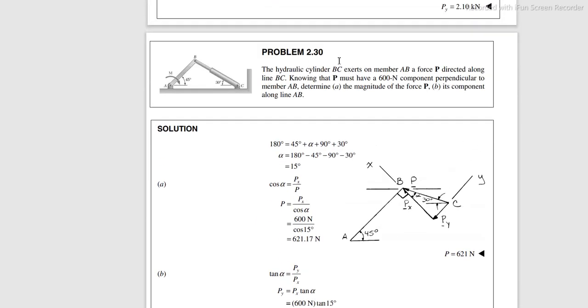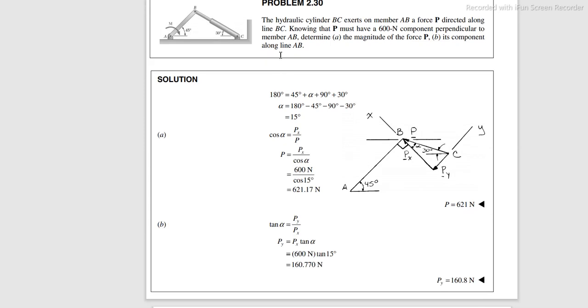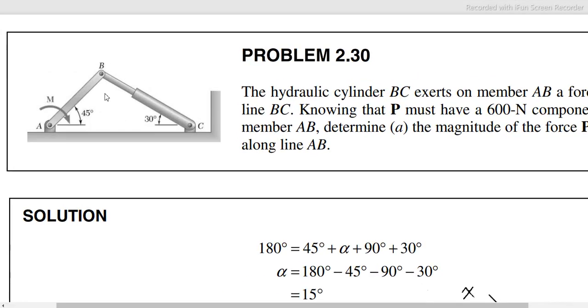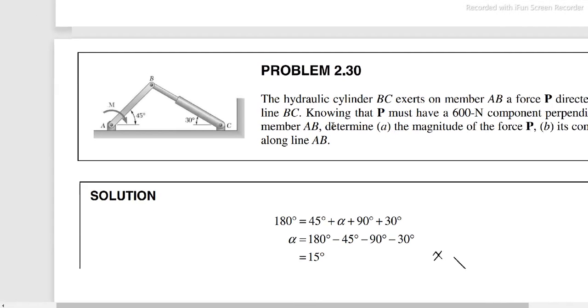Problem 2.30, the last problem in this episode. The hydraulic cylinder BC exerts on a member AB a force P directed along the line BC. That is the question.